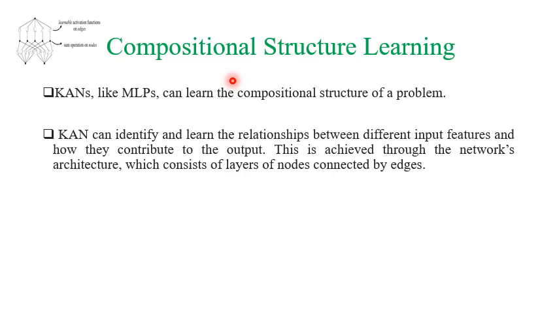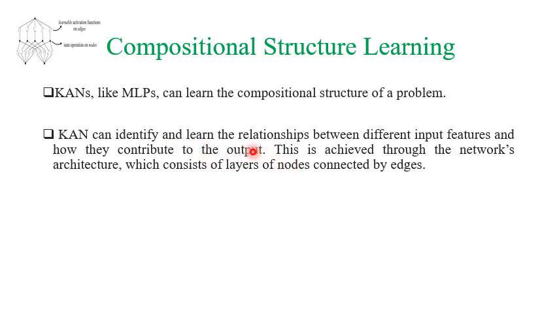Compositional structure learning. What is compositional structure learning? KAN, like MLP, can learn the compositional structure of a problem. But what is a compositional structure? Compositional structure means that KAN can identify and learn the relationship between different features and understand how these features contribute to the output.